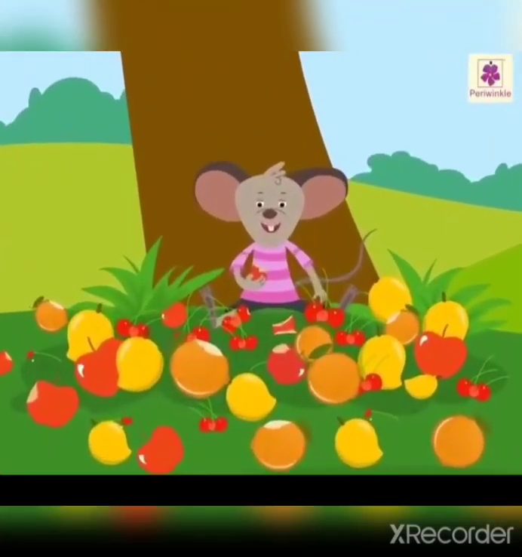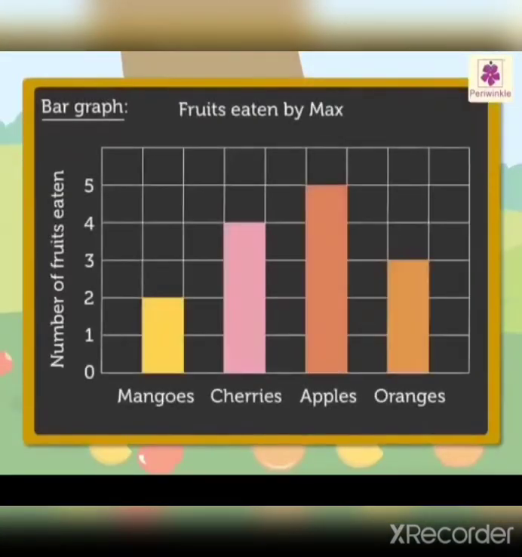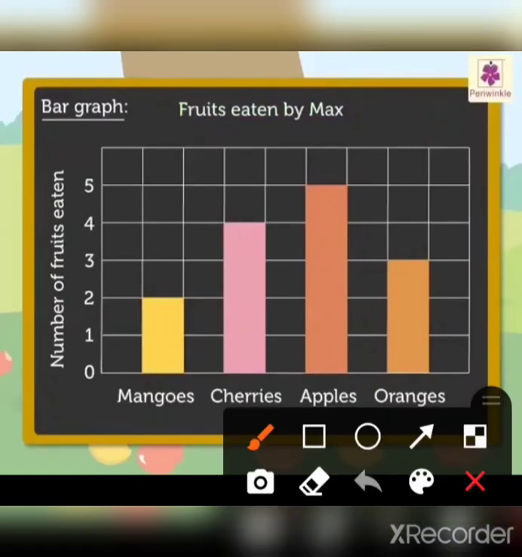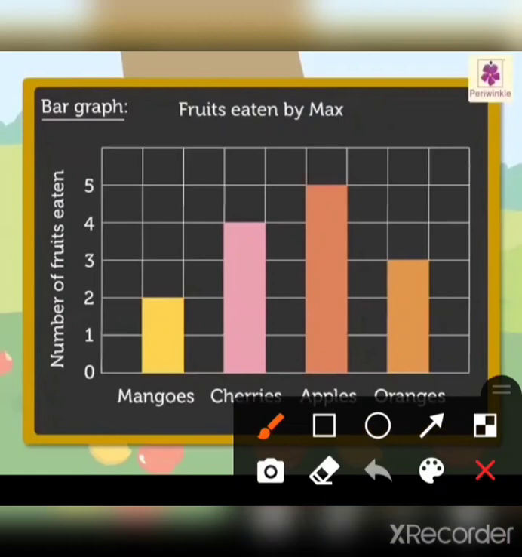Here Max eats different types of fruits. Let us draw a graph. The title is fruits eaten by Max. The labels on the horizontal side are mangoes, cherries, apples and oranges, 4 types of fruits, and the value of the fruit is 0 to 5, the number of fruits eaten.